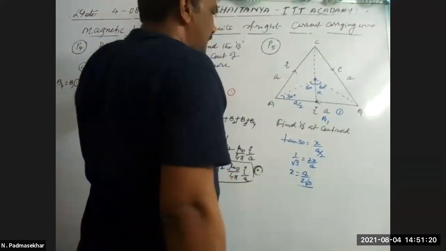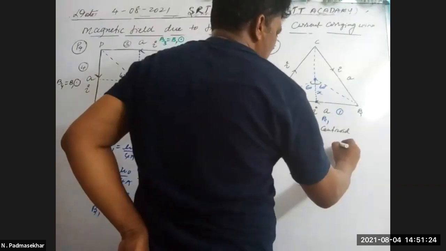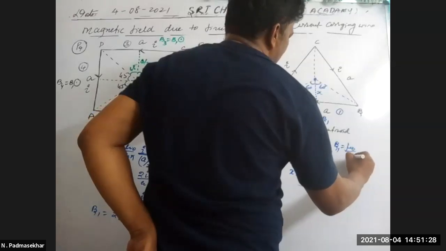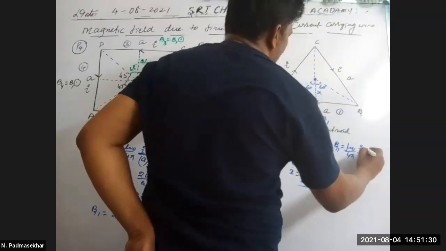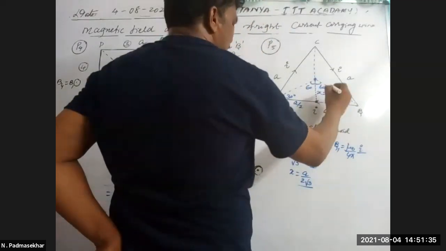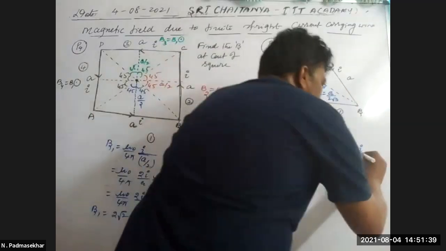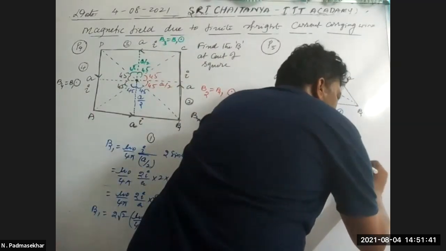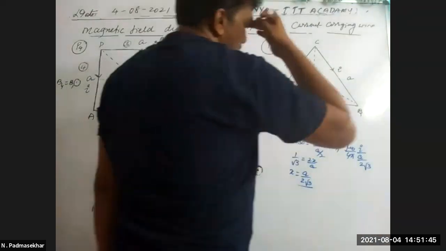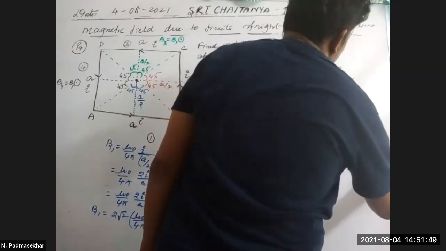So we have got this. Now the magnetic field B1 is equal to what? B1 is equal to mu naught by 4 pi I by the distance. So this distance is a by 2 root 3, and this is sin 60 plus sin 60, that is 2 sin 60.